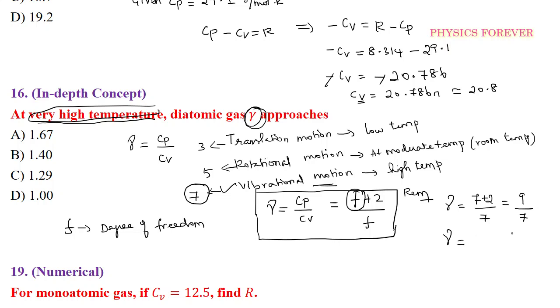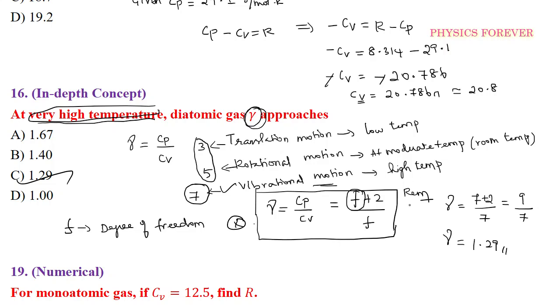What is the value of 9 by 7? We get 1.29. So option C is correct. You have to remember this one, very important. We have to remember those cases: the degree of freedom for translational, rotational and vibrational motion at different temperatures, low temperature, room temperature, and high temperature.